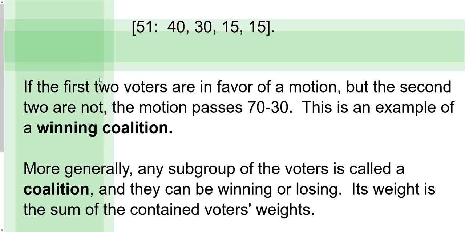Okay. So what we're going to do here, essentially, here's the general purpose. What we're trying to do is figure out which groups of voters are needed to pass a motion.